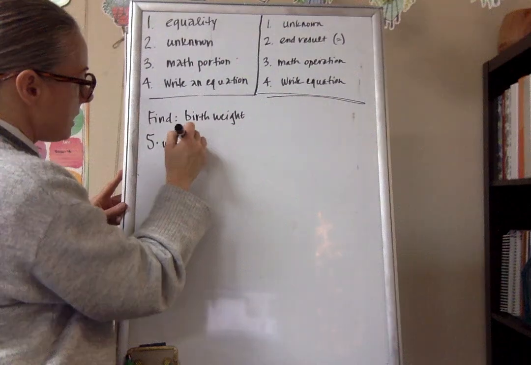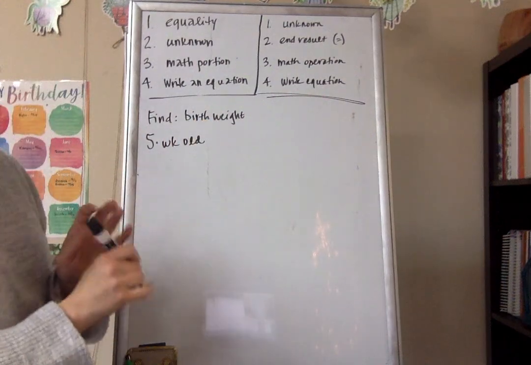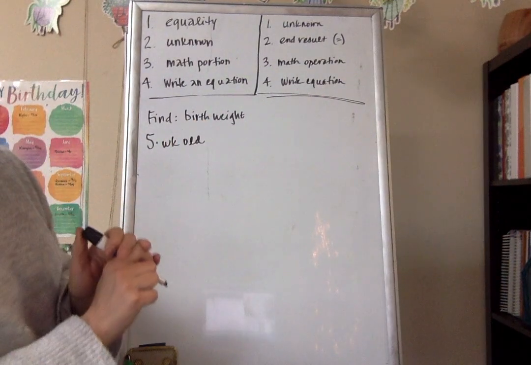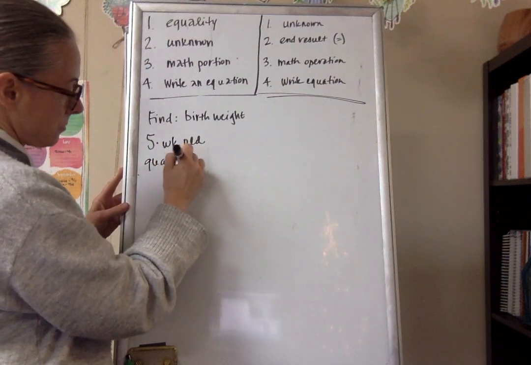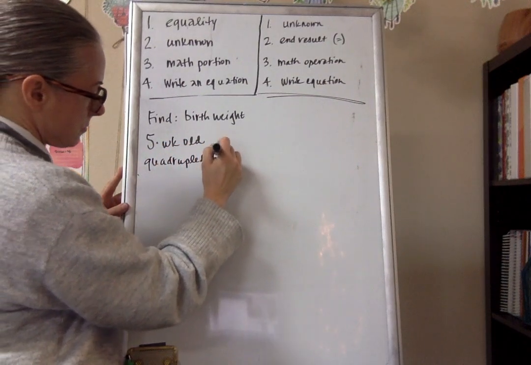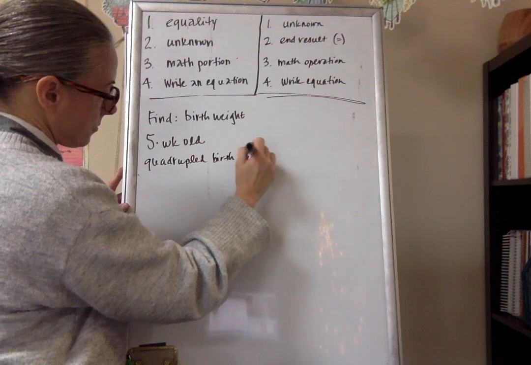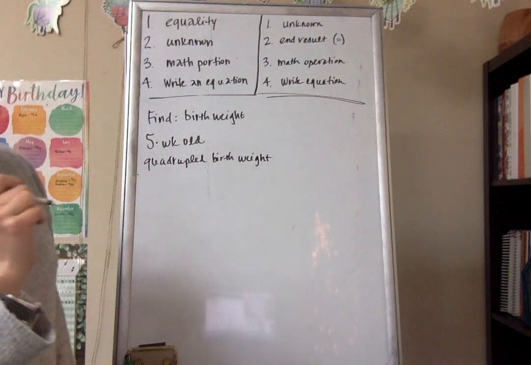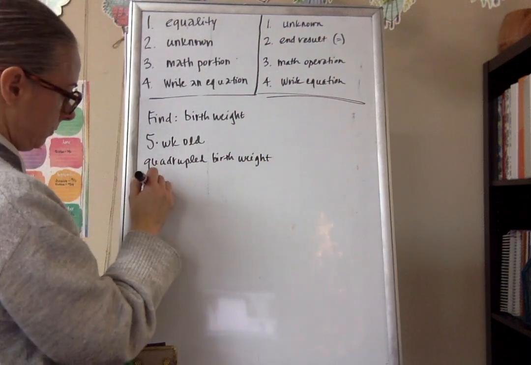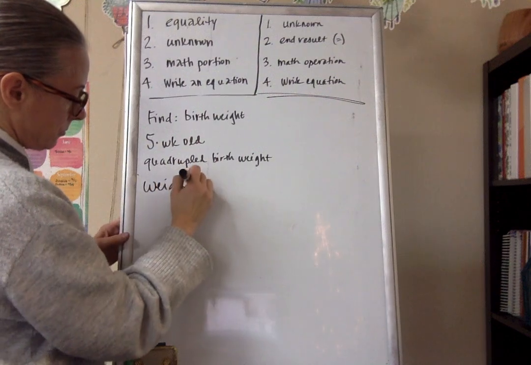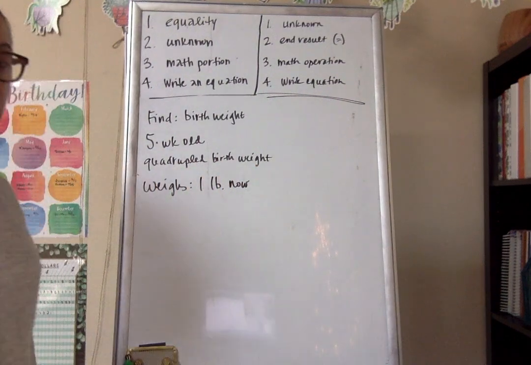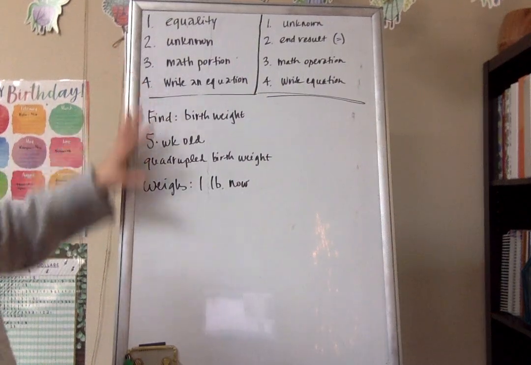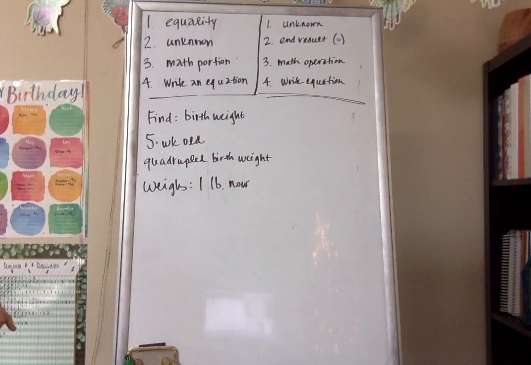So our kitten is 5 weeks old that has quadrupled its birth weight and now weighs 1 pound. So it now weighs 1 pound. So I'm just going to write our problem in shorthand.